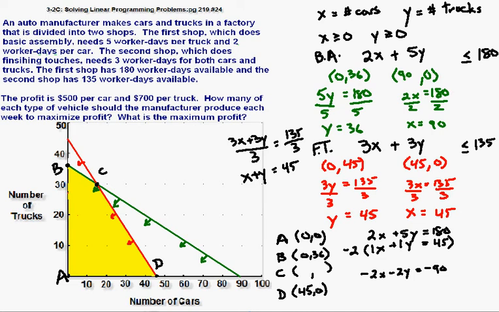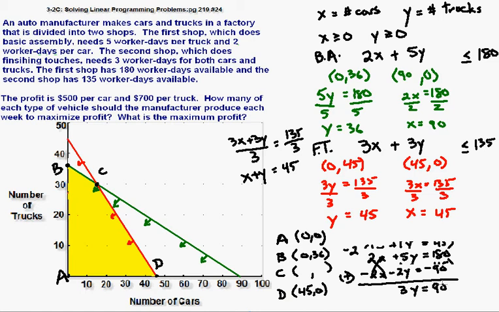Now if I add that to the first equation, the x's would drop out, and I would get 3y equals 90. Therefore, y is going to have to be 30.